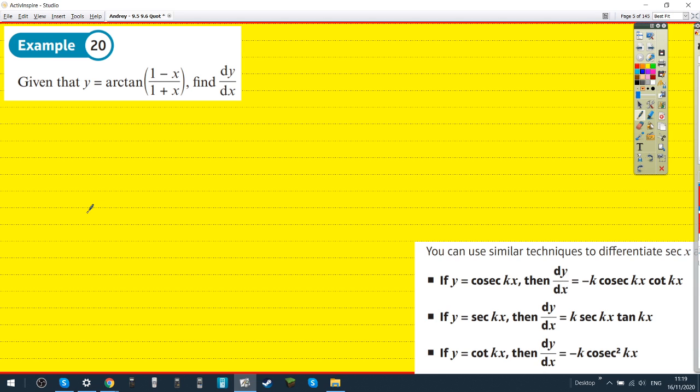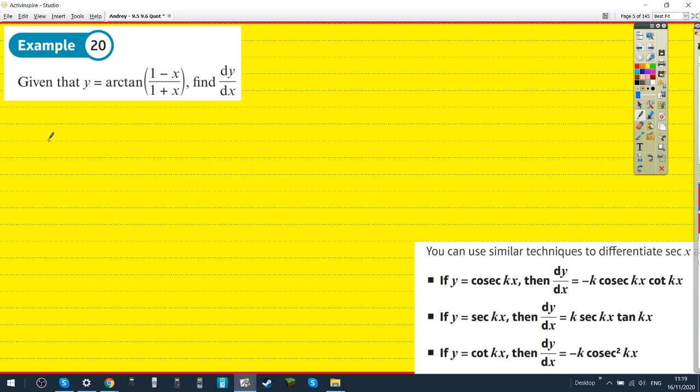Do I need to do 1 minus x times 1 plus x to the minus 1? Why would you do that? I don't know. I think tan both sides. Of course.